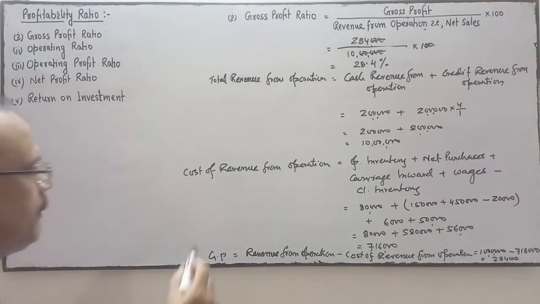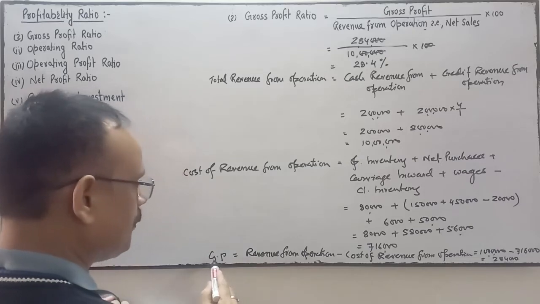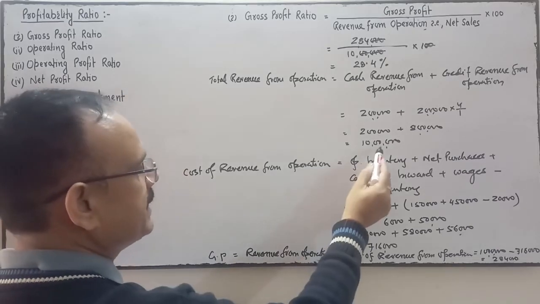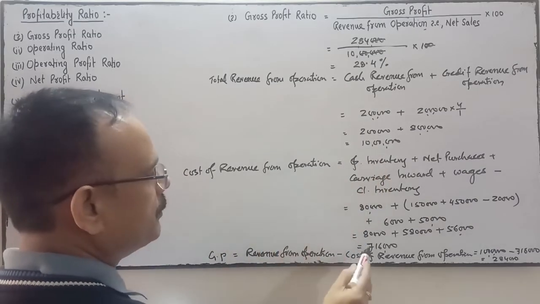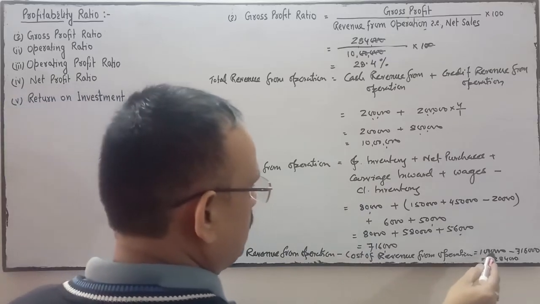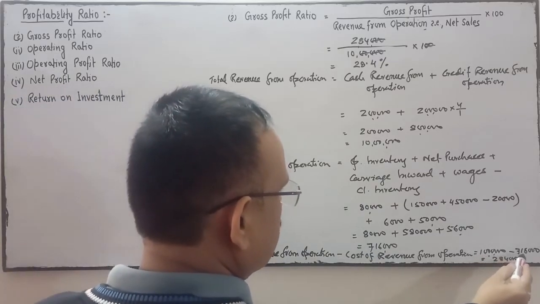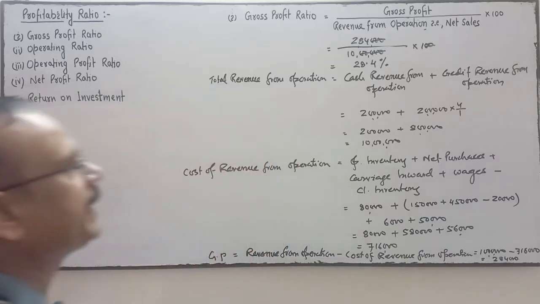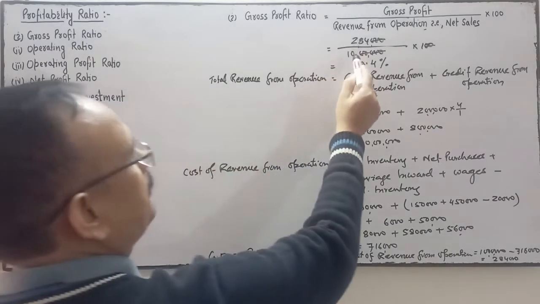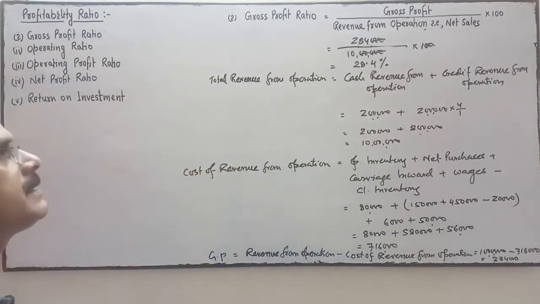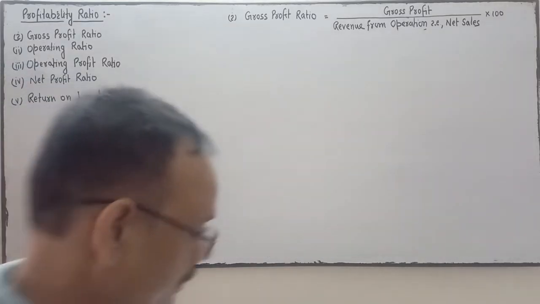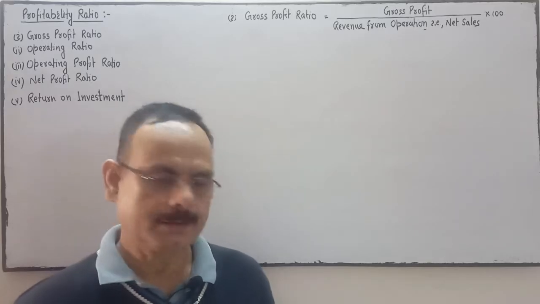Okay. So here we have to find out the gross profit ratio, revenue from operation that is 10 lakhs, and cost of revenue is 7 lakh 16,000. So revenue from operation minus cost of revenue, GP is 2 lakh 84,000. So GP upon revenue from operation, 10 lakhs, it is 28.4%. Now come to the next question.